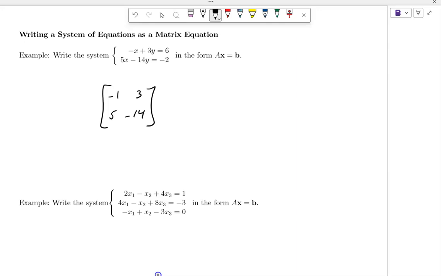A 1 by something? Or a column vector, a something by 1? It better be a column, right? Because if I do a row vector here, unless I only have 1 column here, I'm not going to have a defined product. So what I have here better be a column vector.